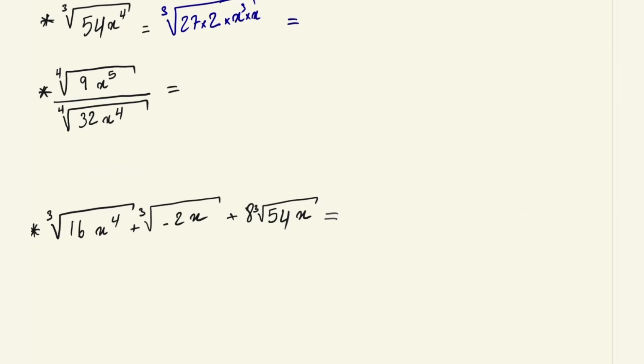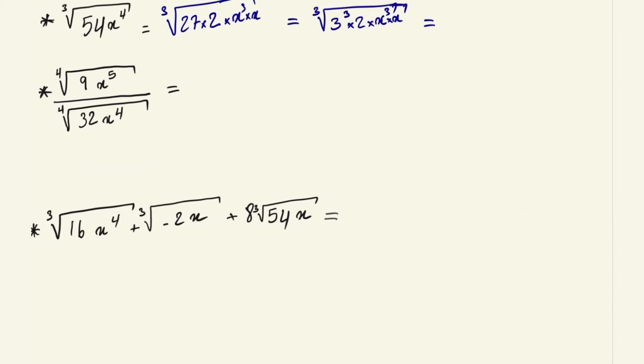So we get the third root of 27, which is 3 to the 3rd, times 2 times x to the 3rd times x.